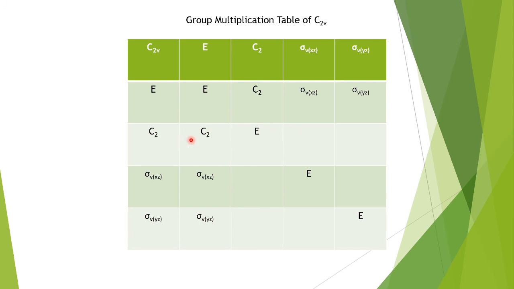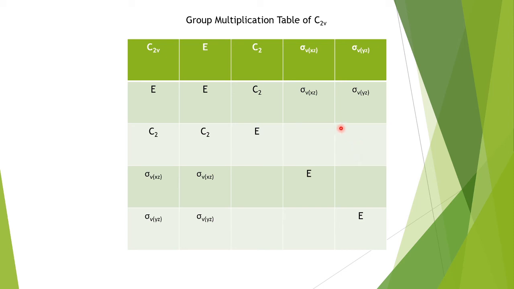But you can see that in this particular row we already have a C2 here. While constructing the group multiplication table, we have to take care that no element repeats either in the row or in the column. It should occur only once. So here we already have a C2, so here it will be sigma v YZ.